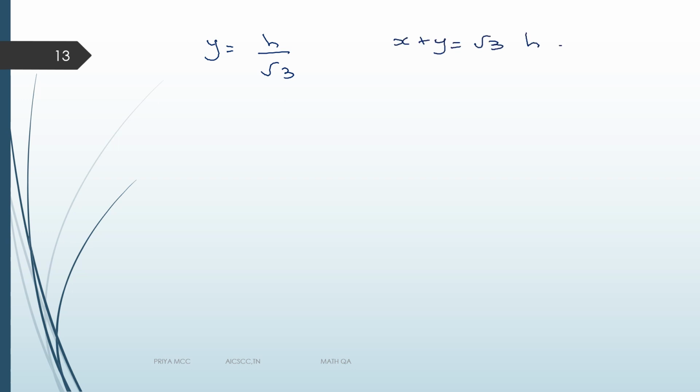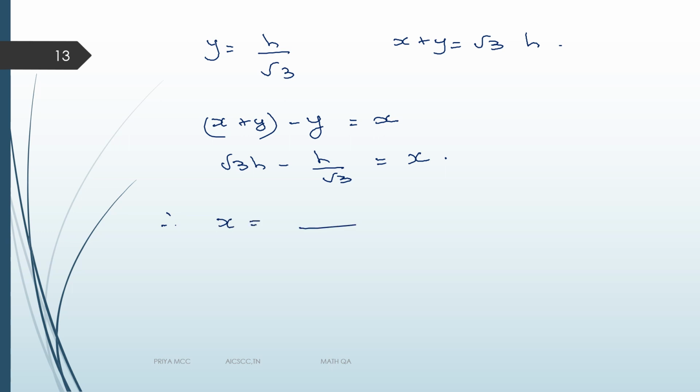How to solve it? You can write X plus Y minus Y is equal to X. But what is X plus Y? Root 3H minus H by root 3 is equal to X. Correct? Therefore, X is equal to, take the LCM here, root 3, 3H minus H, is equal to 2H by root 3.